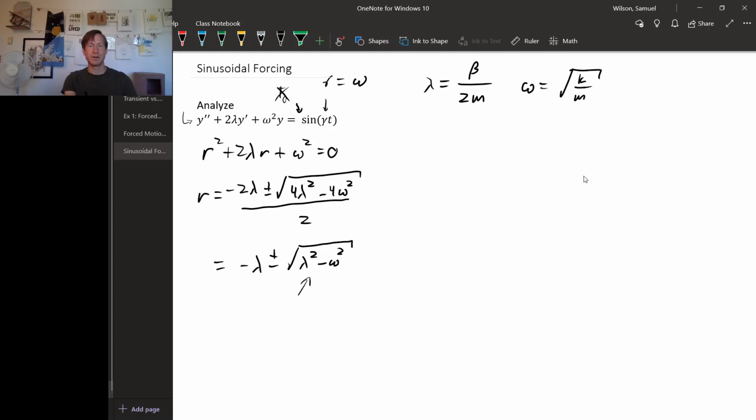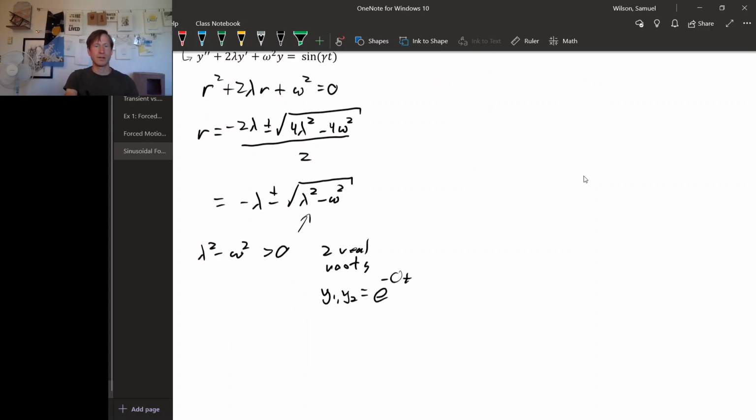If lambda squared minus omega squared is positive, then you're overdamped and you have 2 real roots, in which case the fundamental set of solutions for the associated homogeneous equation is going to look like e to some power times t.